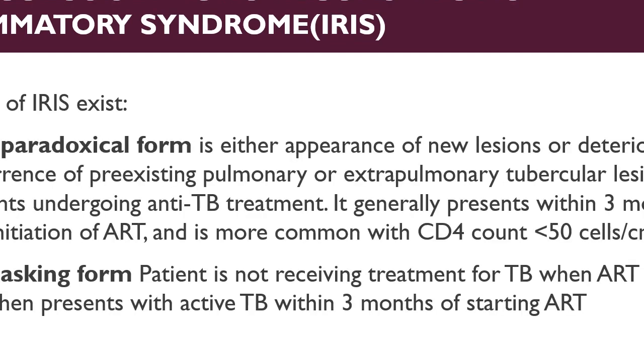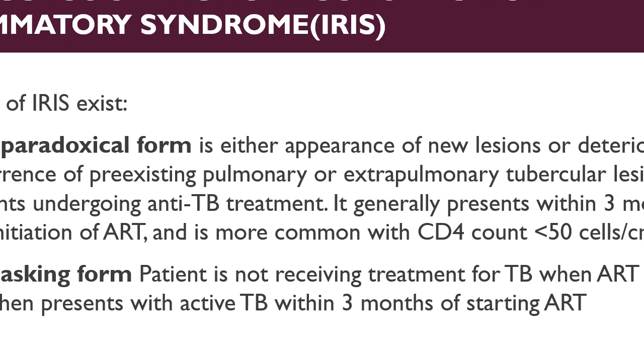Academically, it is divided into two forms. The paradoxical form is when there is either the appearance of new lesions or deterioration of the pre-existing pulmonary or extrapulmonary tuberculosis lesion in a patient who is receiving anti-TB treatment. It generally presents within 3 months of initiating antiretroviral treatment, and it is more common when the CD4 count is low.